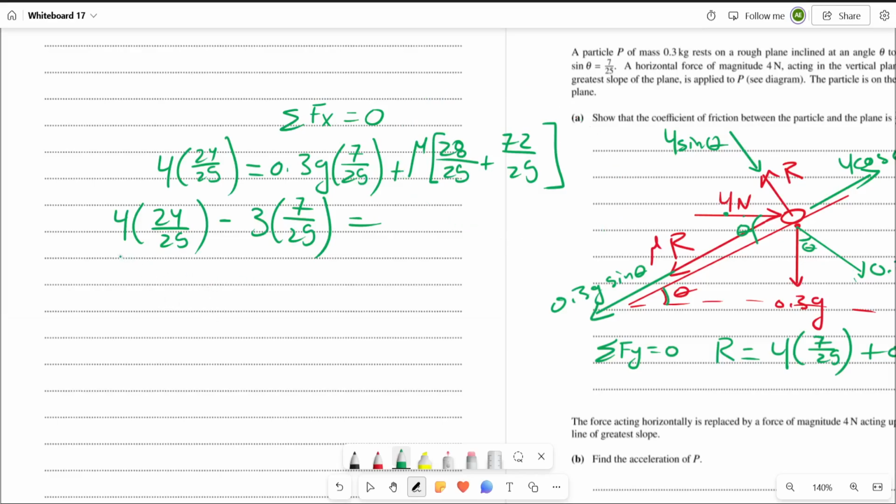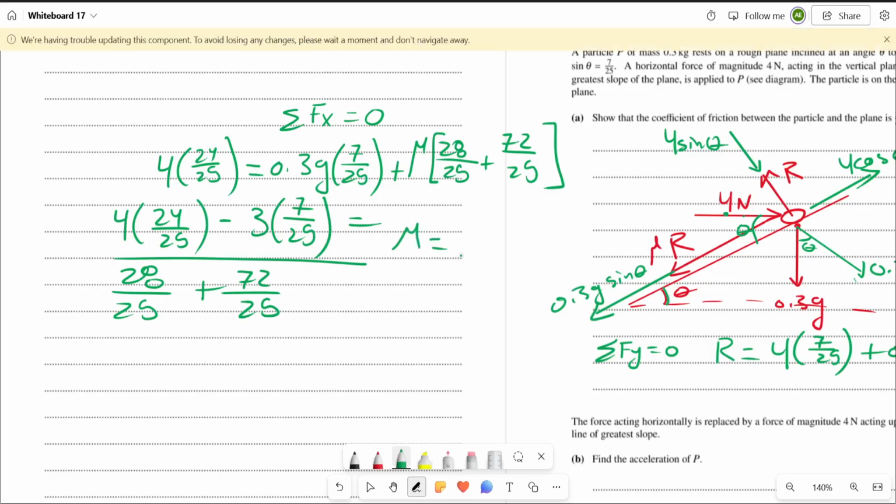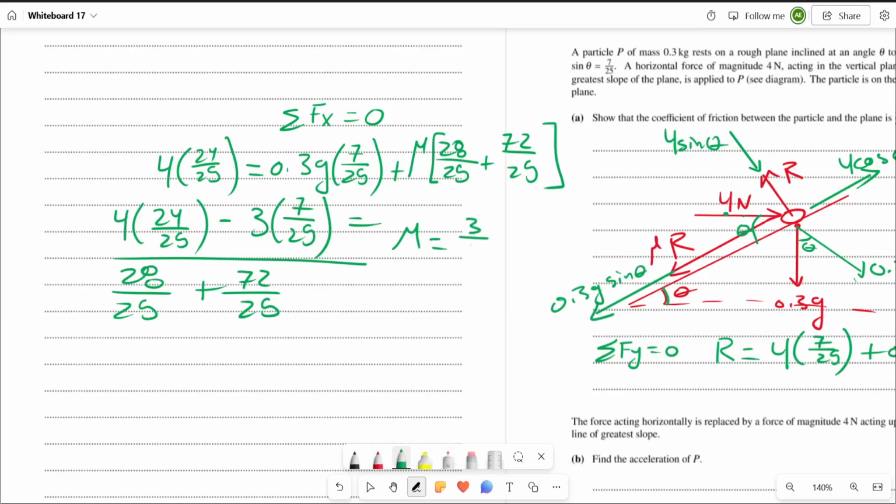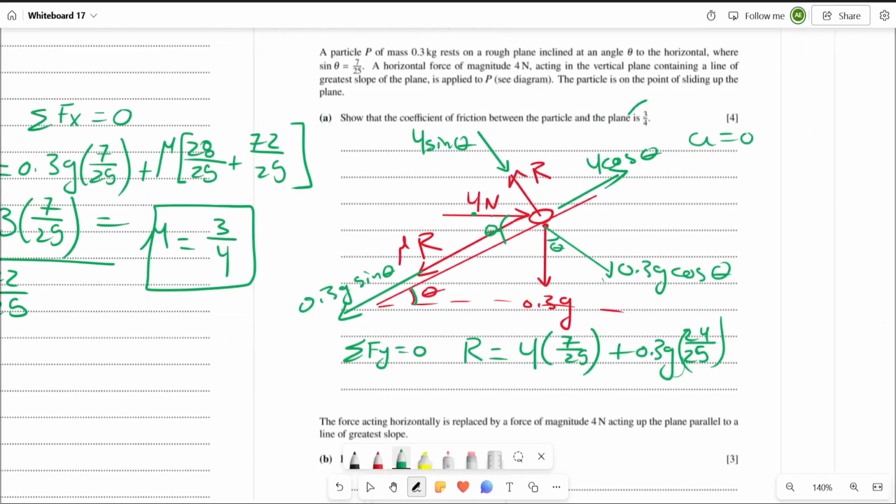So I'm going to divide both sides by 28 over 25 plus 72 over 25. This is going to equal mu. If you put this whole thing on the calculator, it's going to give you a mu value of 3 over 4. And this is the value that we were required to show over here.